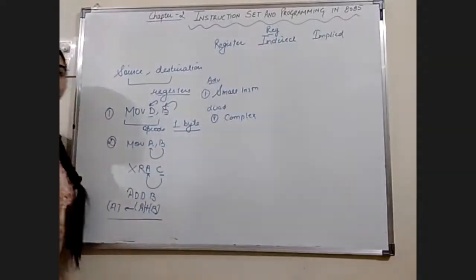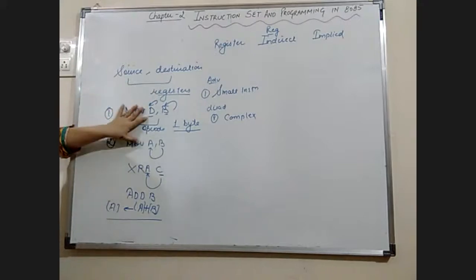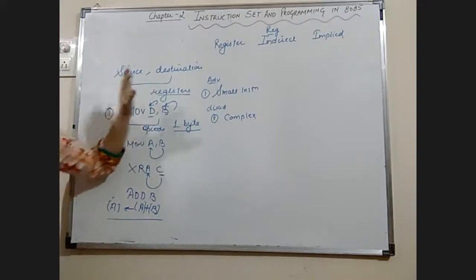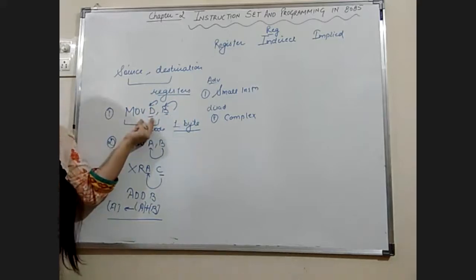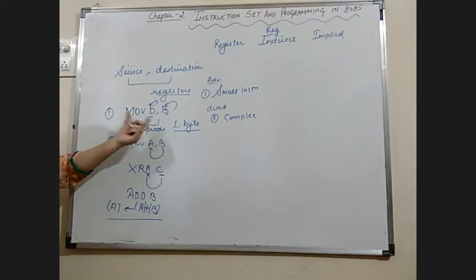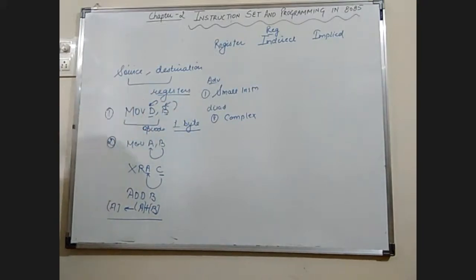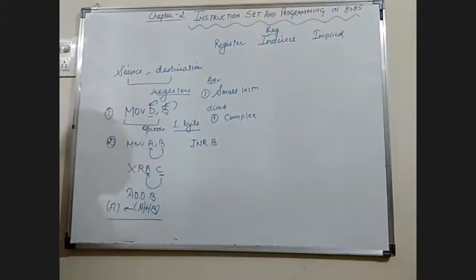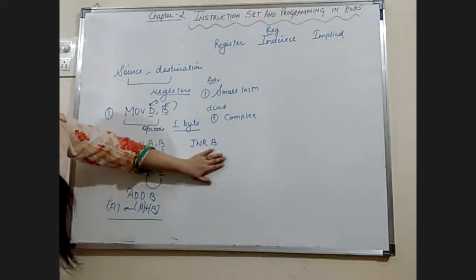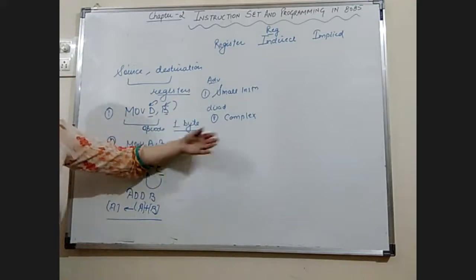Because we don't know what is present inside B and what is present inside D. Simply we write this command and the contents of this register will be moved to D. As a layman, I don't know what is present in B and what is present in D. If I write this instruction directly, whatever contents are present in B will be moved into D. Suppose we have an instruction INR B. I don't know what is present inside B. Only by writing this instruction, whatever contents are present within B will be incremented by 1.